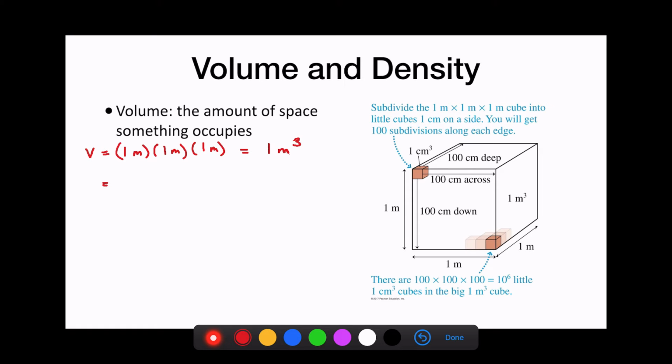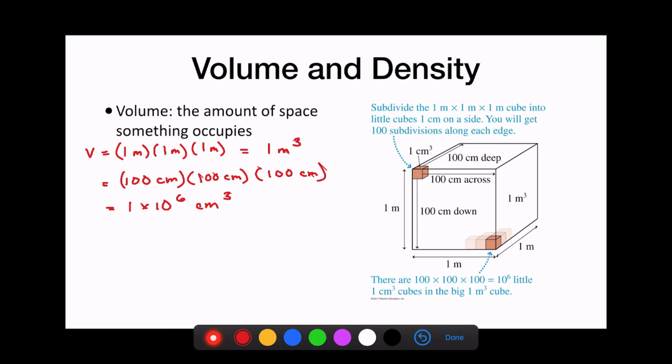Now, 1 meter is the same thing as 100 centimeters, so I could do the same thing with the centimeters. The volume of this cube is 100 centimeters times 100 centimeters times 100 centimeters, which if you multiply that together, you'll get 1 times 10 to the 6 centimeters cubed. Now, these two volumes are the same, so we need to know how to convert back and forth between them.